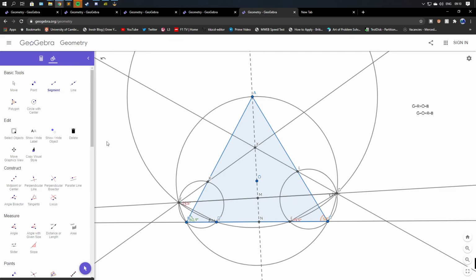So we know that O is the center of the circle, which means let's just draw this one here, and let's make it a dotted line just for ease of confusion. Now, we know that the angle subtended at the center by a chord is twice the angle subtended at the circumference, which means that AOB is equal to twice orange.